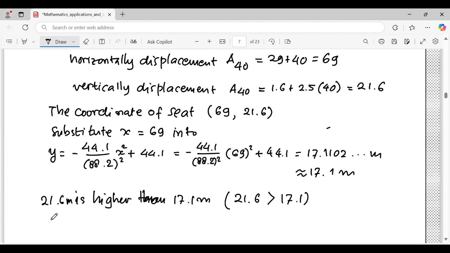So we can state that the shirt cannot reach seat A40. This is the conclusion.